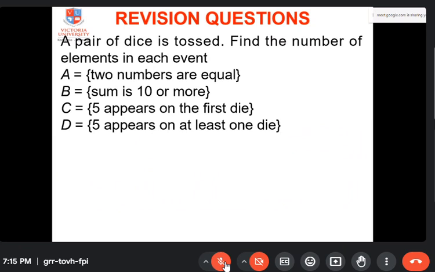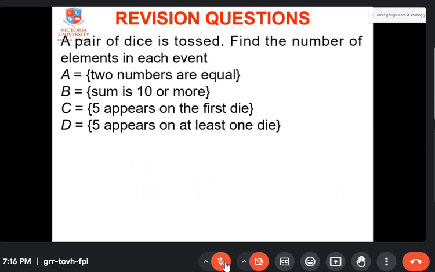Then 5 appears on the first die. I think here we have 5-1.